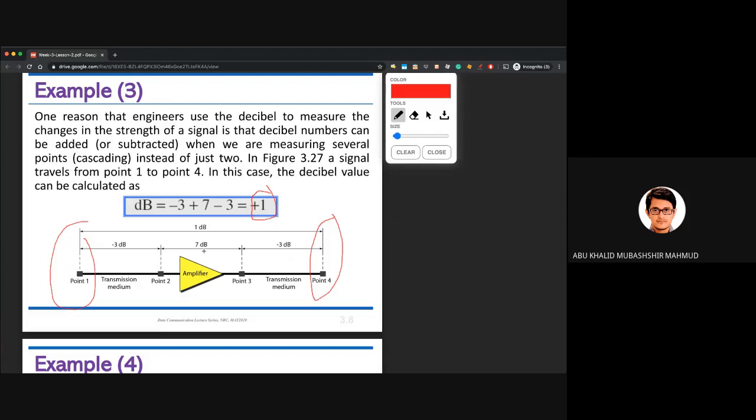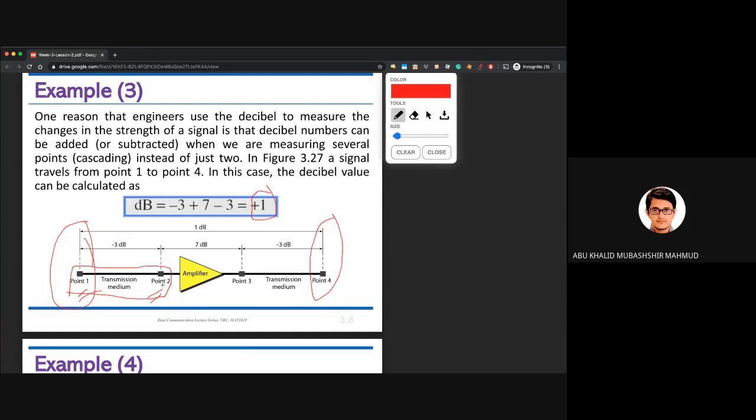So if you want to calculate a decibel value in order to find out if amplification or attenuation has occurred, we have to perform the decibel calculation with only 2 points. We cannot measure more than 2 points by the specific formula.